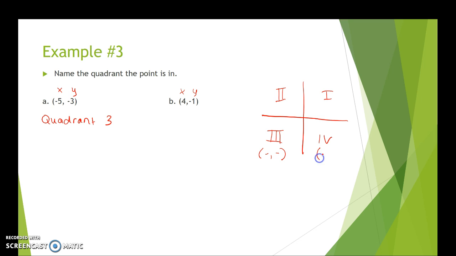Well, that's going to be my quadrant 4 when your x is positive and your y is negative. So I will say this is in quadrant 4, and that will be my answer for A and B for example 3. So that is it for this section, and you will do some bookwork in class.